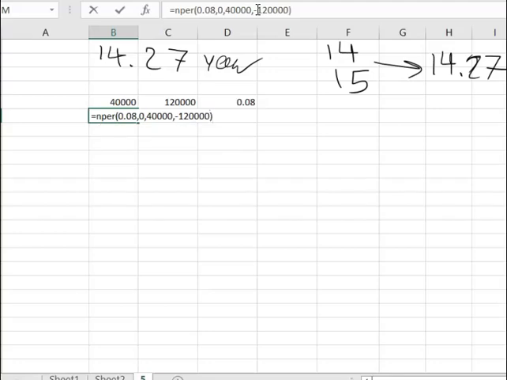I chose the opposite sign for that just to create that balance. And when we do that, it is 14.27 years. So that's the number you saw over there. So now, from now on, you know how to calculate the exact number even without using any mathematical formula.